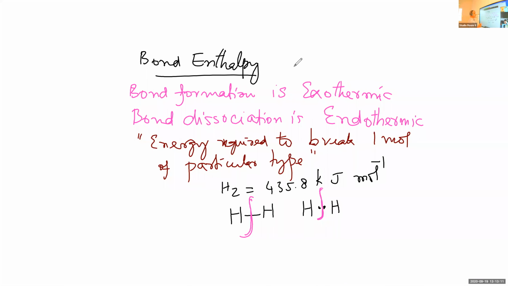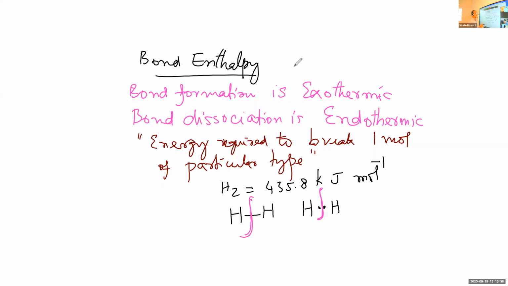For example, bond enthalpy of hydrogen is equal to 435.8 kilojoules. Joule and kilojoule are the units of energy and work also. Joule is the smallest unit of energy and work. Kilojoule is a higher value, that's all. So 435.8 kilojoules per mole.